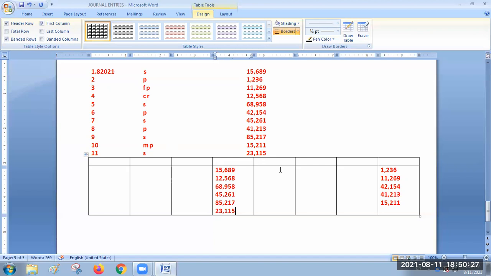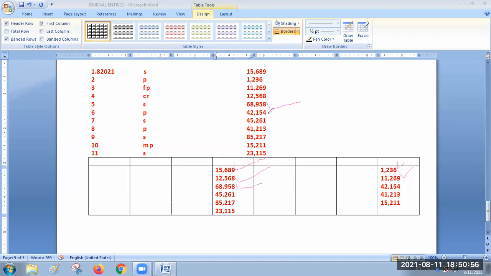So the first one is to sales, the second one is by purchases, the third one is by furniture. Did you write like that, by furniture? This is to commission. This one is to sales.